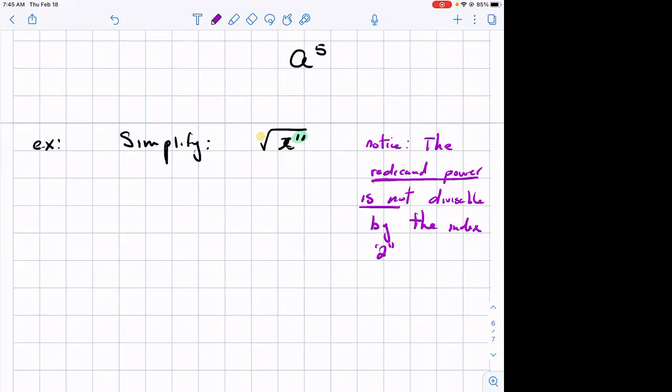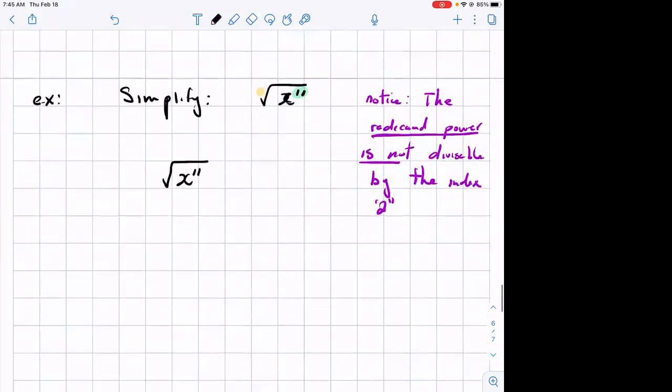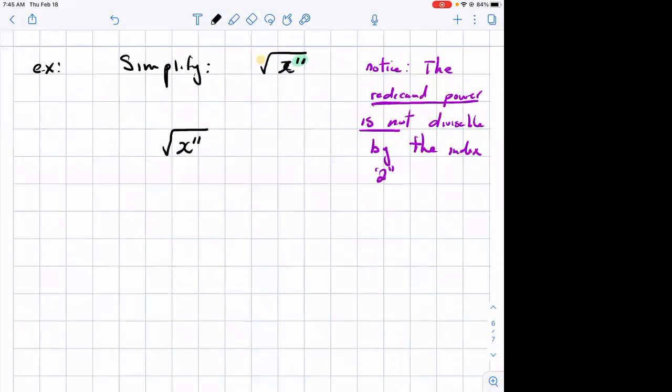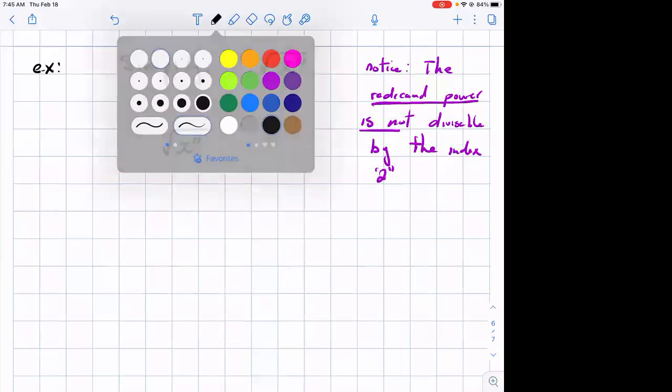So here we can simplify this. The square root of x to the 11th. Well, what number that 2 goes into evenly is just below your power, which is 11? Okay, and we know that that number will be 10.